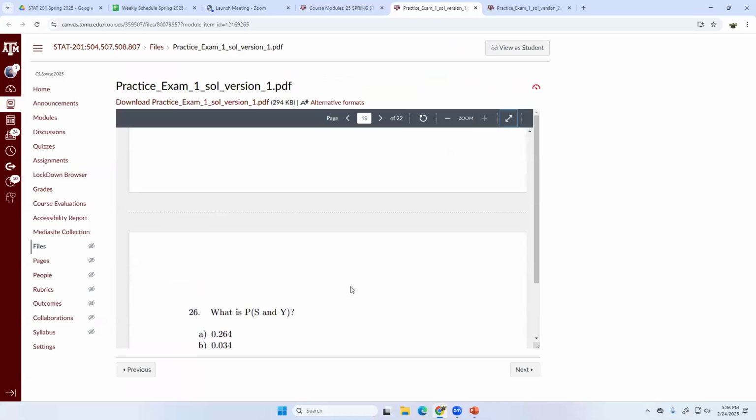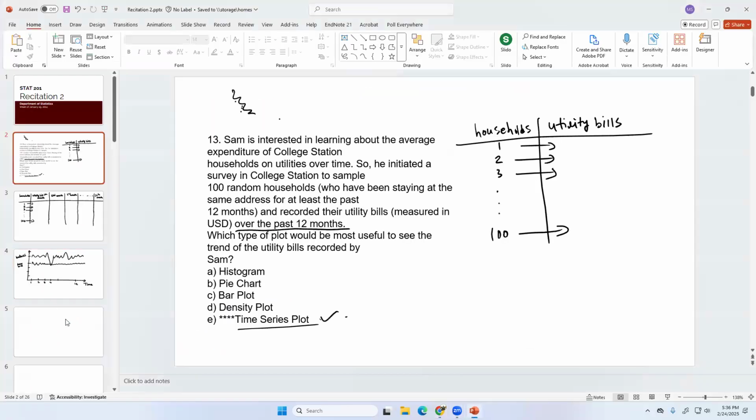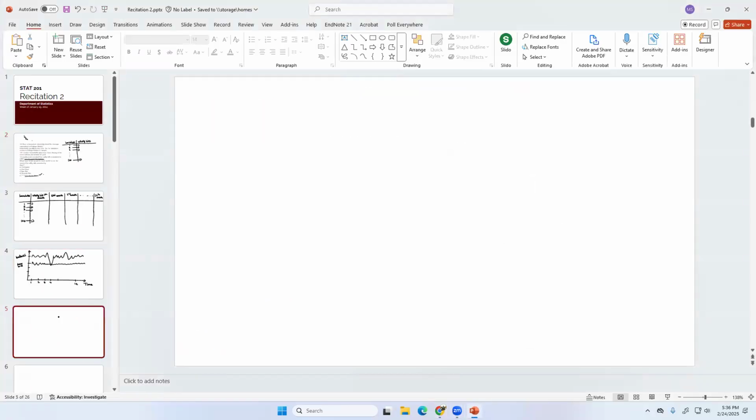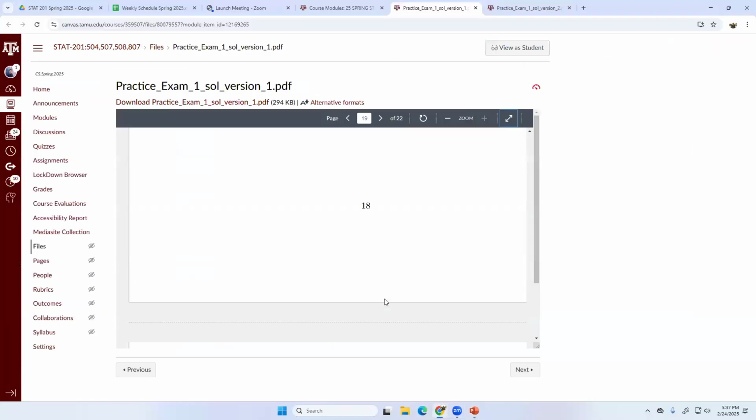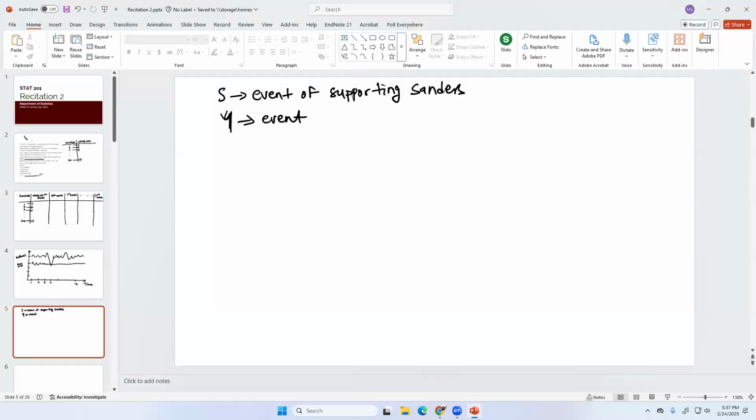So what is the first question? What is the probability of S and Y? Let me write this. S is the event of supporting Sanders, and Y is the event of being 18 to 29, right?